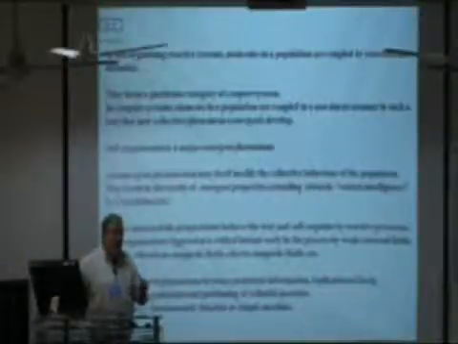These emergent phenomena are not the properties of the individual element as such, but the global properties of the population as a whole. And self-organization is a major emergent phenomenon.